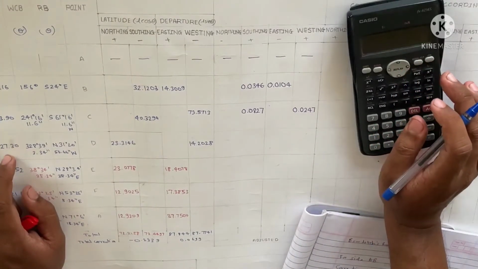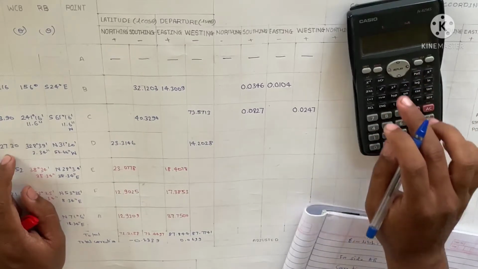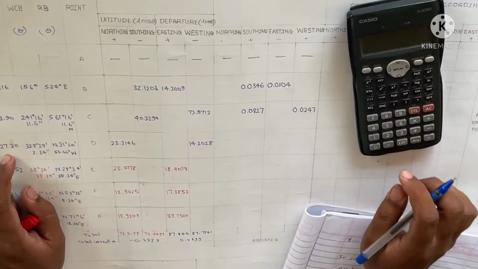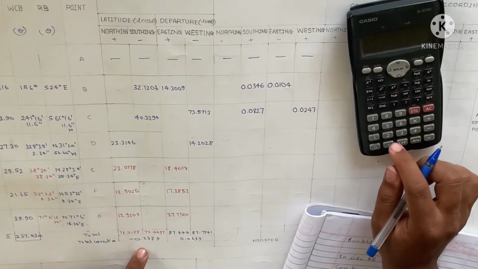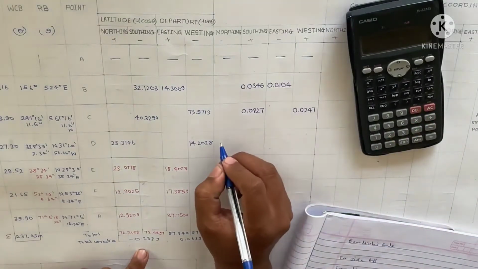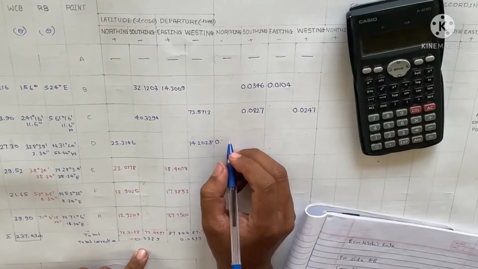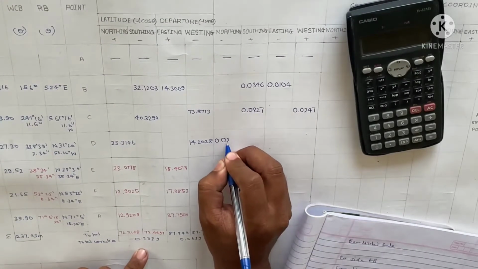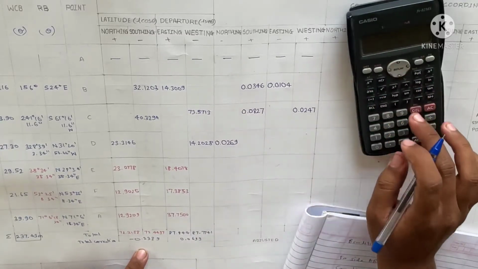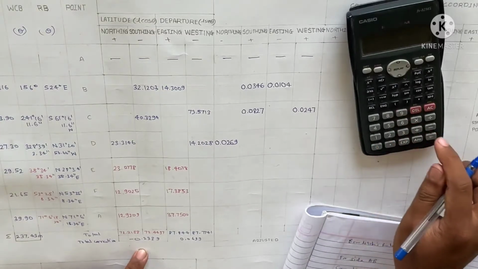Next it is 27.30, the length of the side CD, into the error in latitude, 0.2339, which comes out to be 0.0269. Instead of the error in latitude, we change and convert to departure.